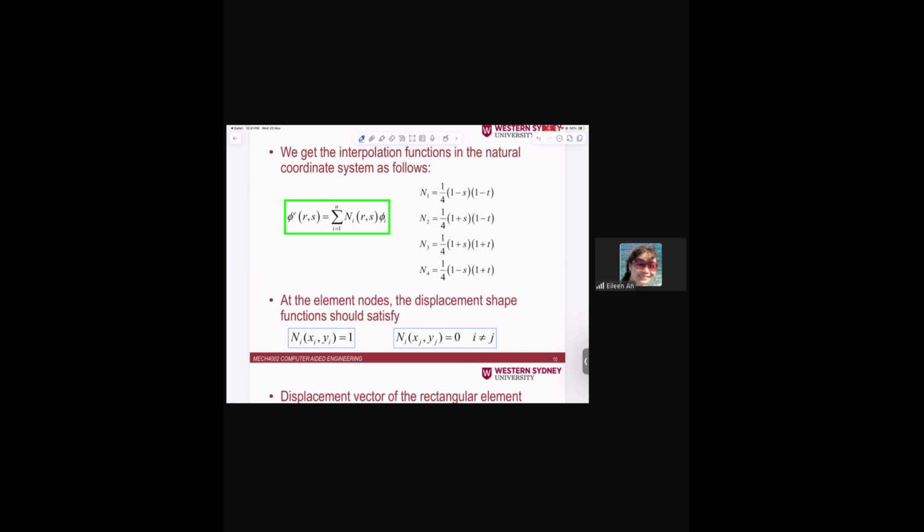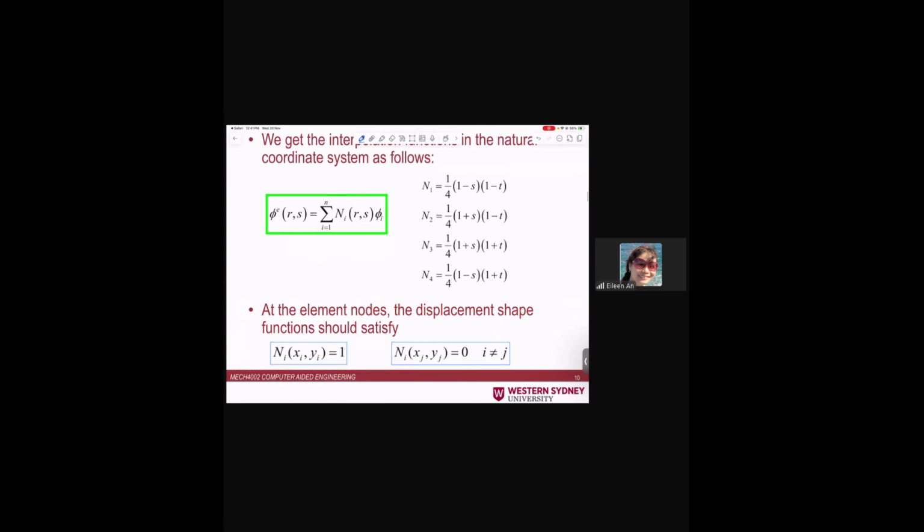If we have 10 nodes in the element, then we have 10 shape functions. And another property is when we finish calculating the shape functions for a certain point, you can find that the sum of those shape functions is 1. For example, I give you a random point, say 0.5 and 0.5.